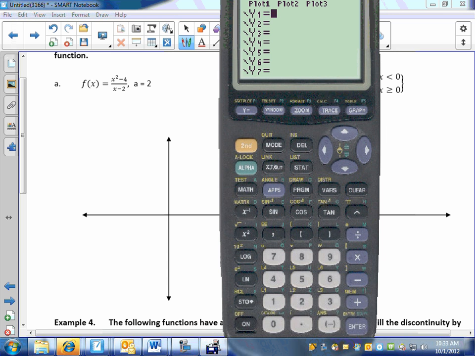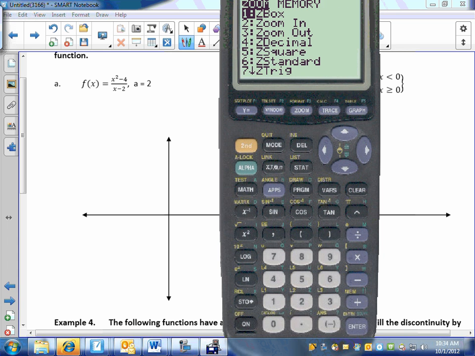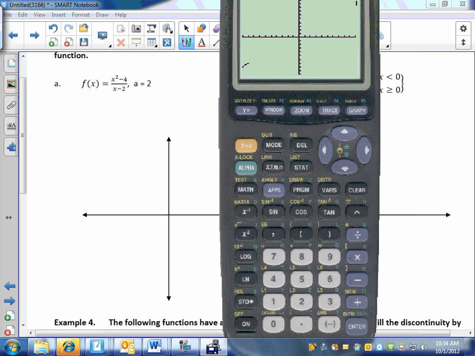I have a rational function, namely x squared minus 4, divided by x minus 2. Zoom standard, so zoom 6.